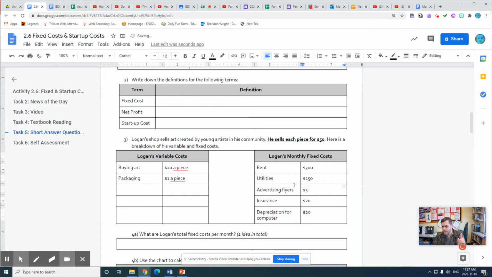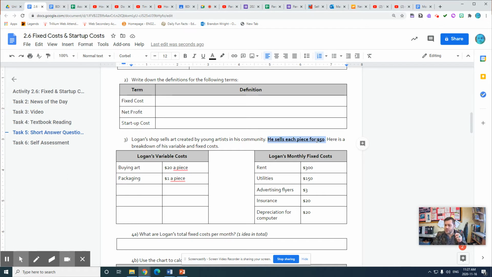So if he lowers his variable costs and he lowers his fixed costs, he could increase his net profit and therefore his hourly wage. But there's a third way. What if he jacked up the price? I shouldn't say jack up. I mean, what if he increased the price?